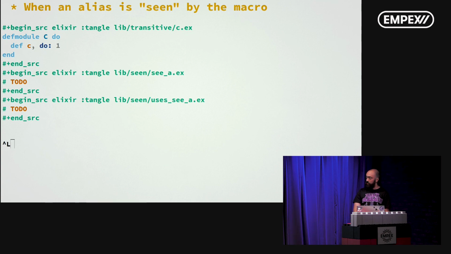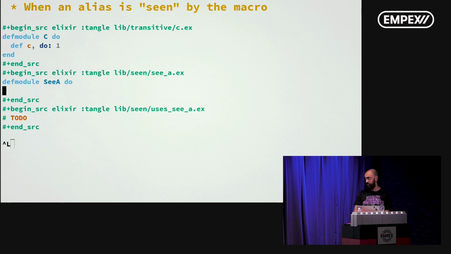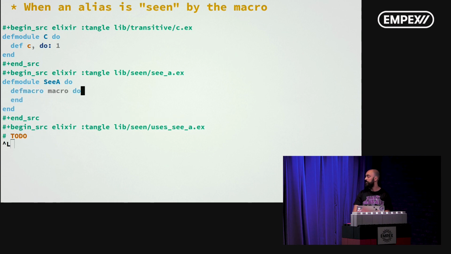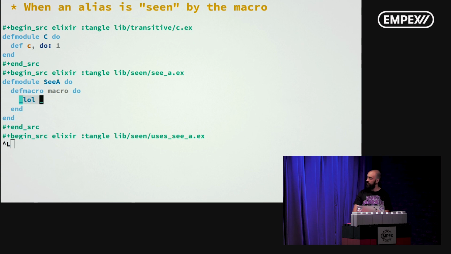So we're gonna write a module that sees A in its macro expansion. I'm gonna call it CA because it sees A. It's gonna have a macro that does nothing at all with A, and returns 2.